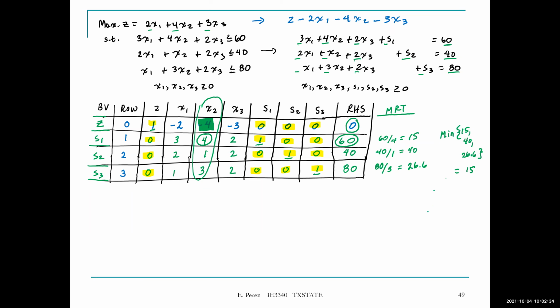So in this case, S1 is leaving the basic variable set. And X2 is entering the basic variable set.